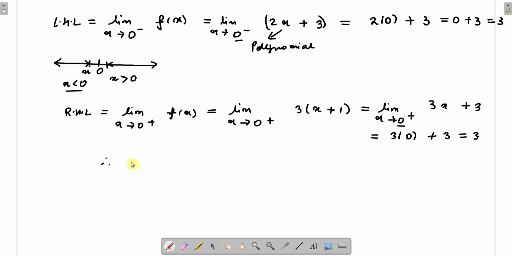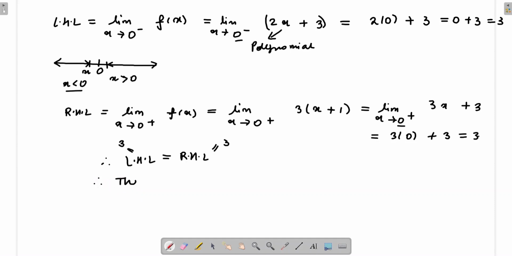So therefore what we get here is that the left hand limit is equal to the right hand limit. You can see the left hand limit was 3, and the right hand limit is also 3, so both are equal.